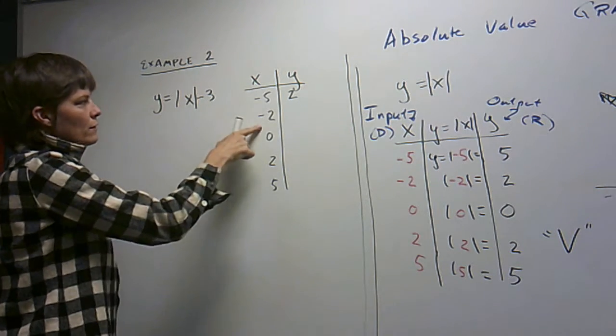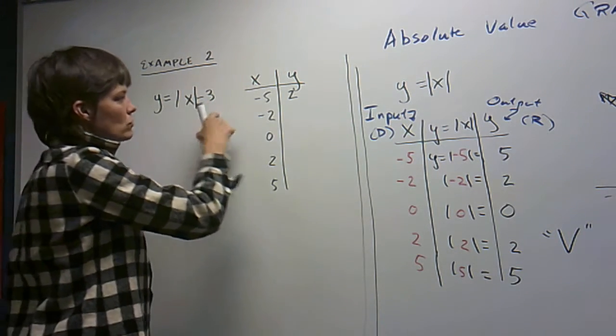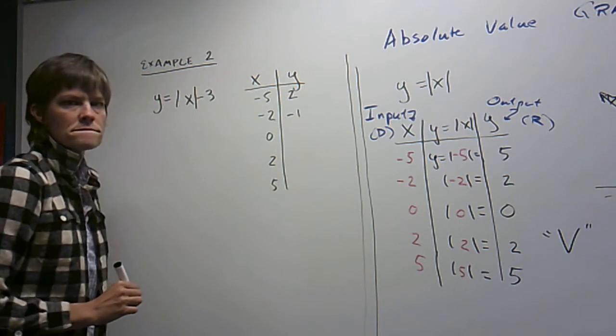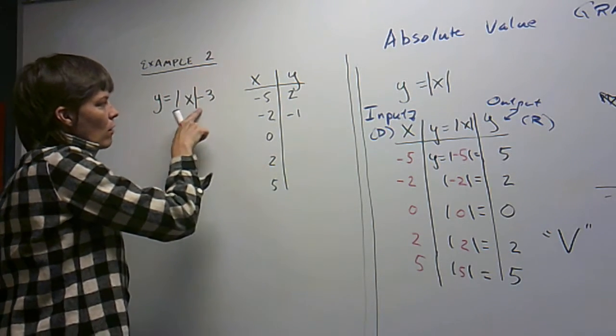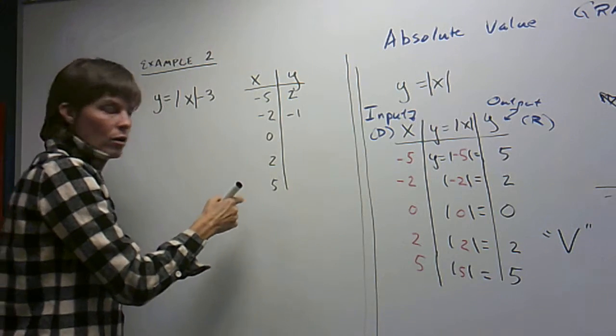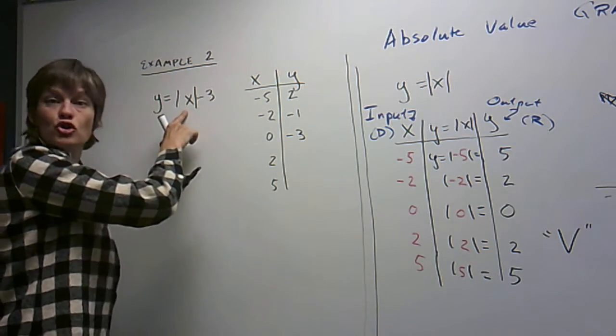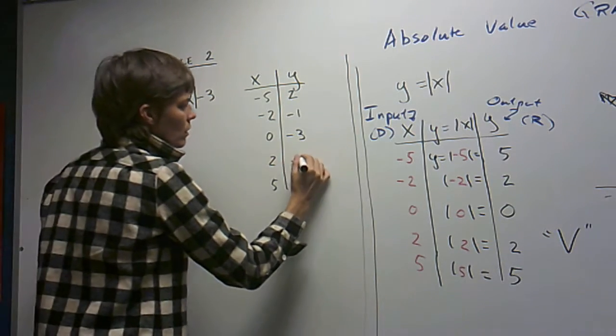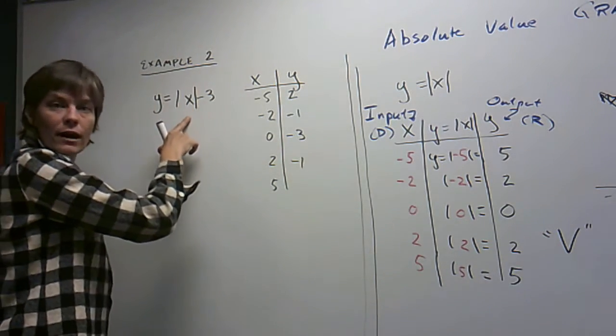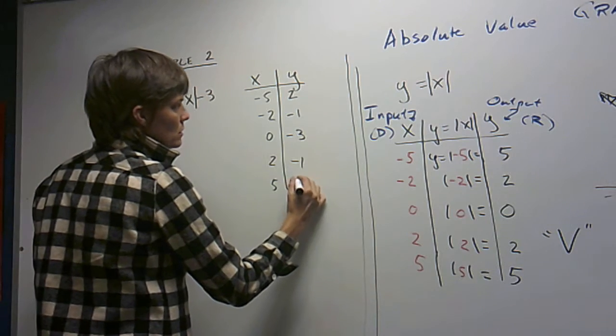Absolute value of -2 is 2, minus 3 is -1. Absolute value of 0 is 0, minus 3 is -3. Absolute value of 2 is 2, minus 3 is -1. And absolute value of 5 is 5, minus 3 is 2.